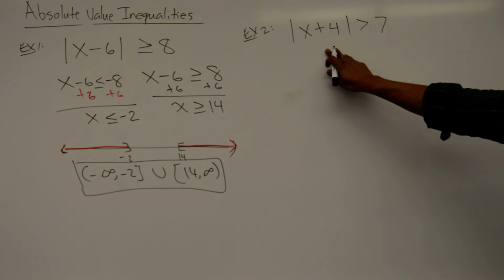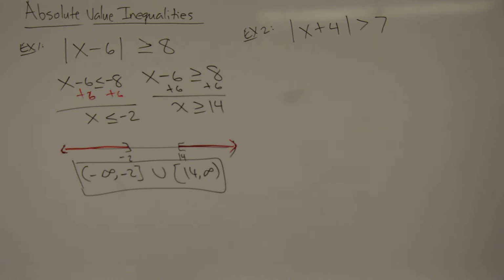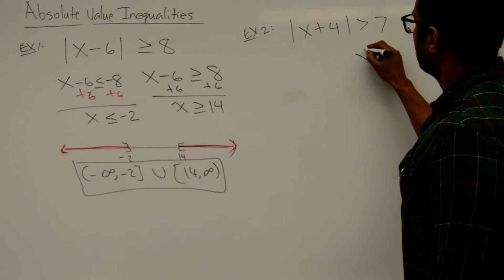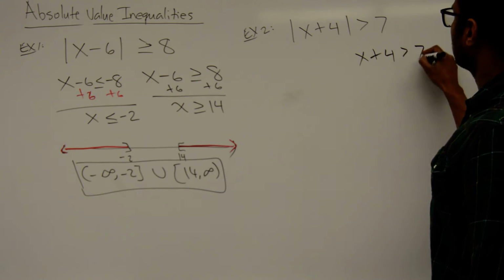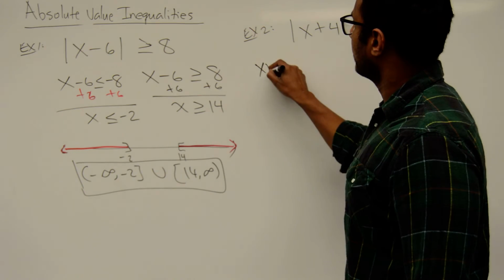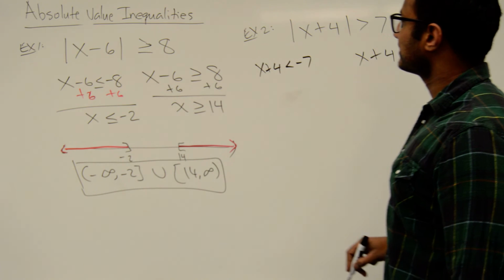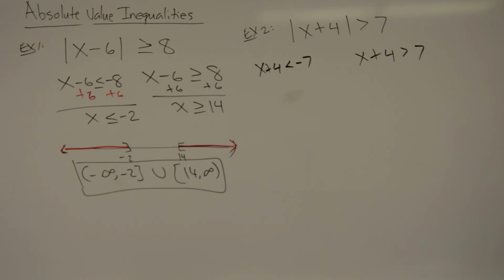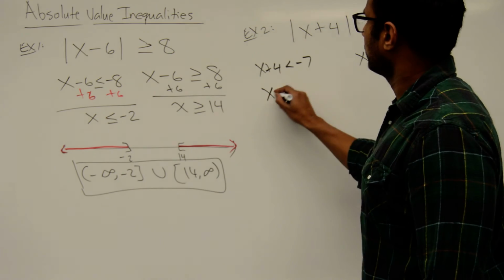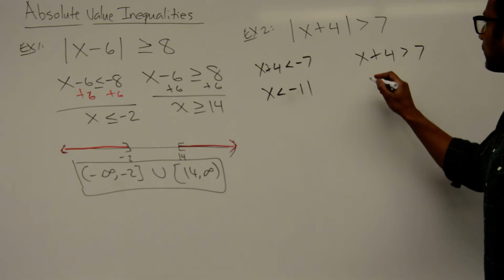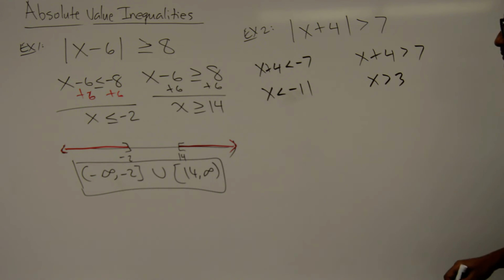It's already isolated. There's nothing else on this side of the inequality. So we set up our two different inequalities. You have x plus 4 greater than 7, and then you have x plus 4 less than negative 7. All right, so we solve both of those. Here we're going to get x less than negative 11. Here we're going to get x greater than 3.